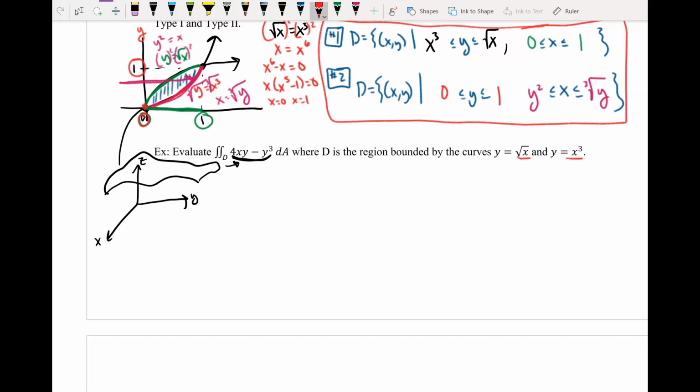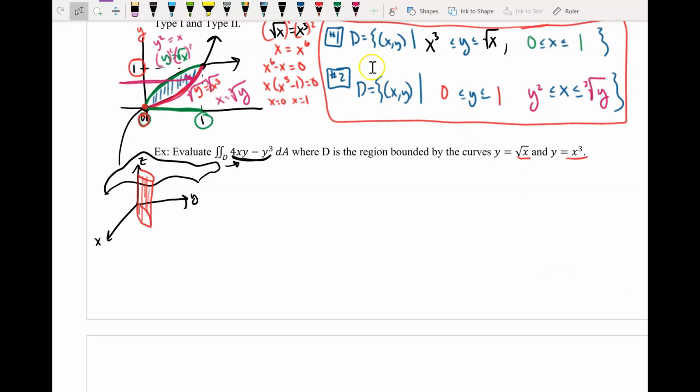So you got these two guys, and they look something like this. And what we're doing is we're projecting this guy onto here. So what we're looking at is finding the volume of all of this guy. So what exactly is that volume? Just to give you a geometric representation.